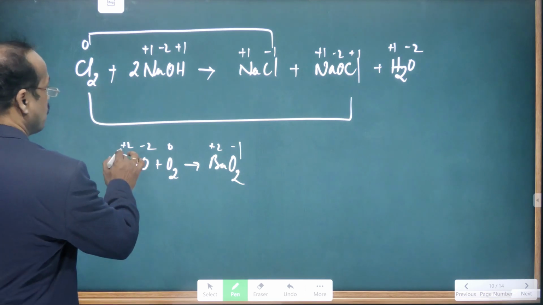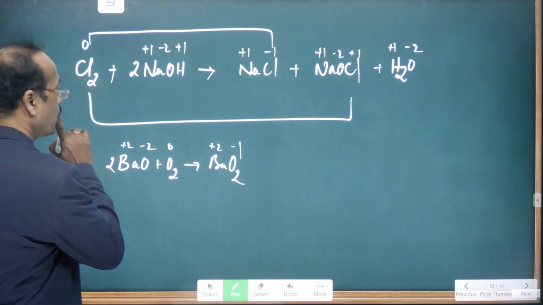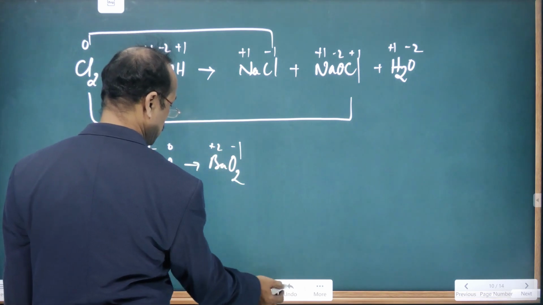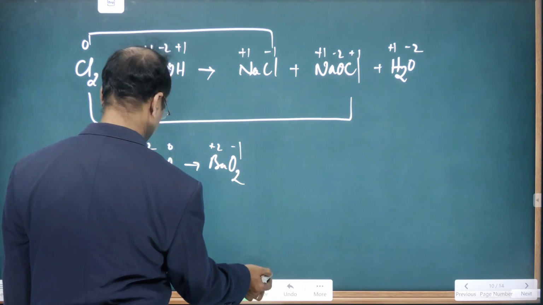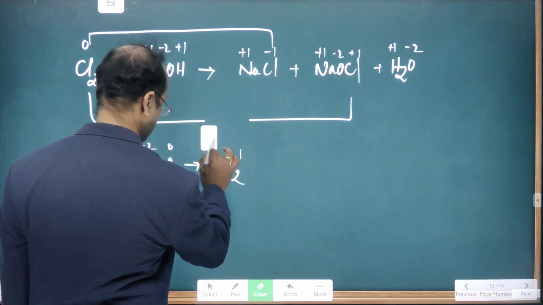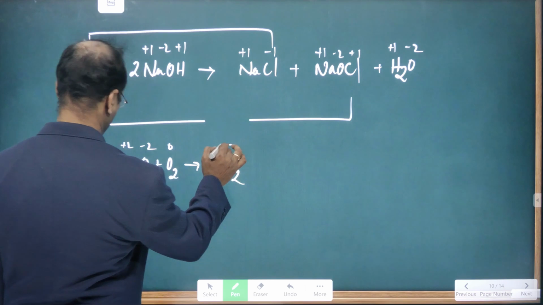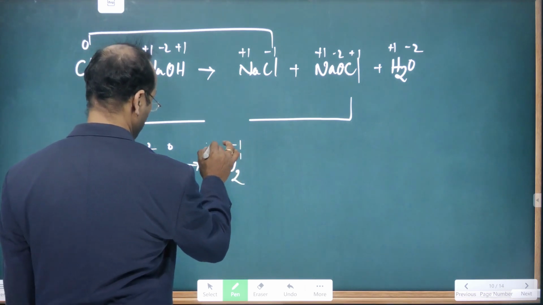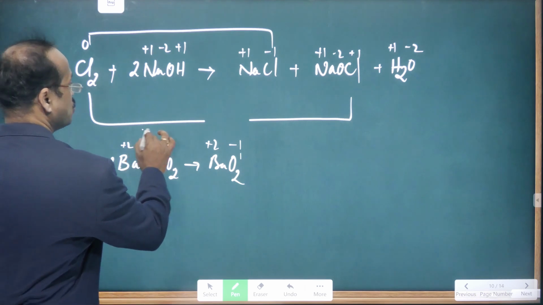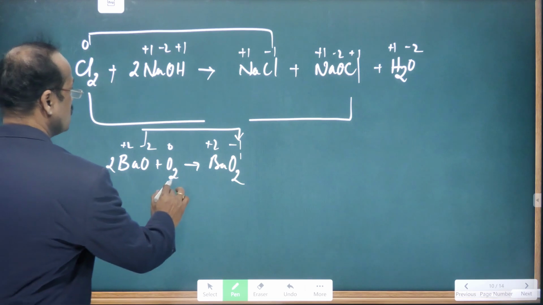So here oxygen is what? We should take -1 here, because barium is +2. Now see, oxygen goes from -2 to -1. So this is reduced, right?